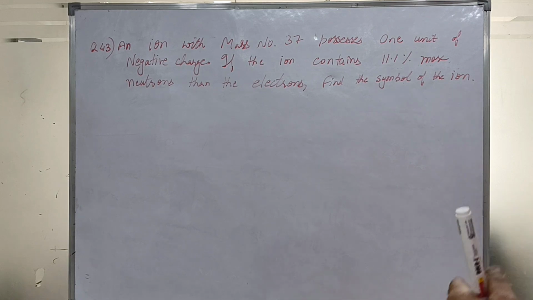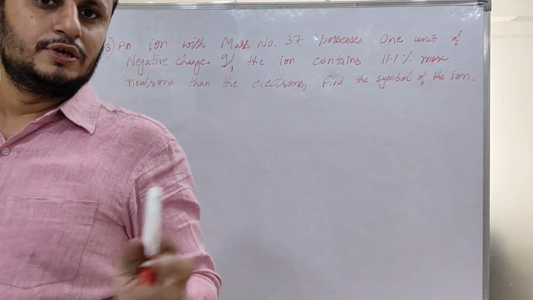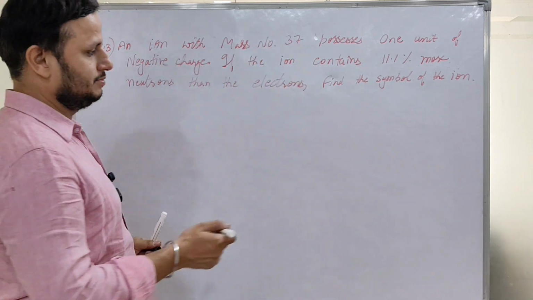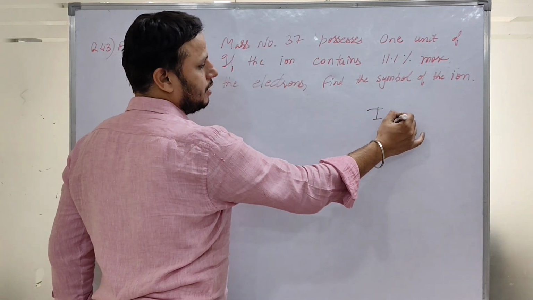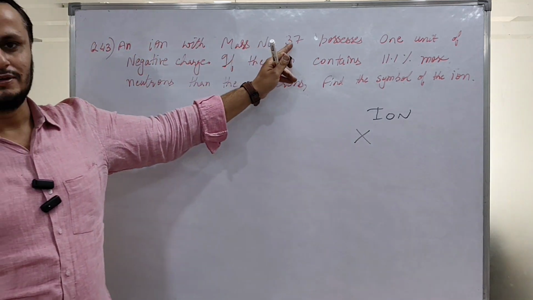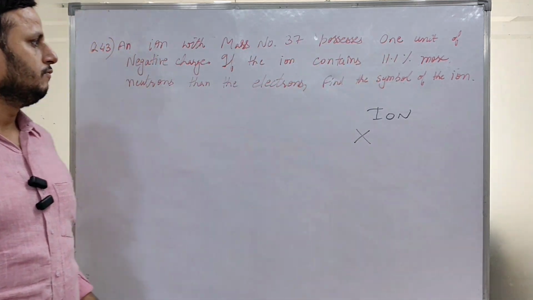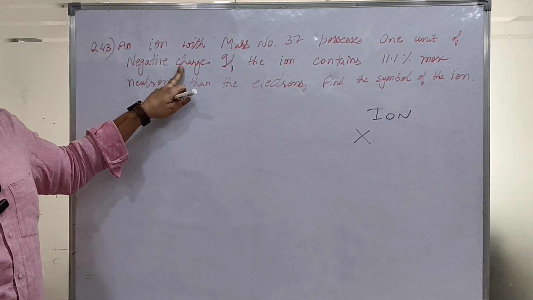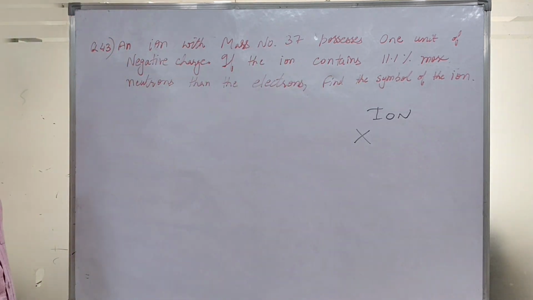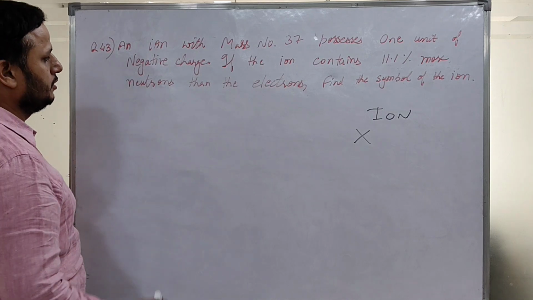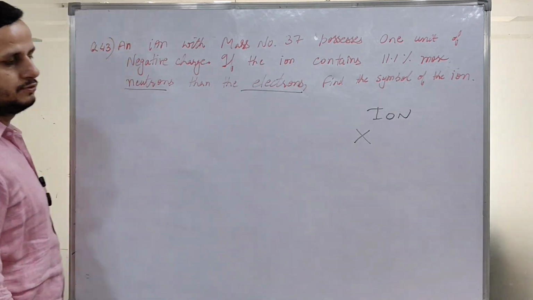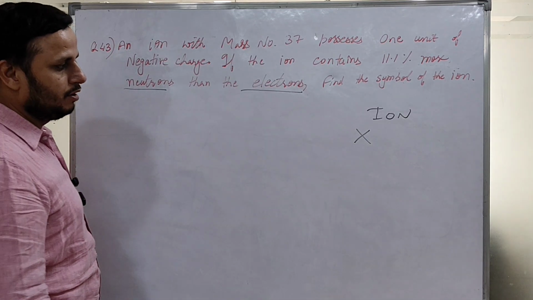So this is the NCERT question: an ion with mass number 37 possesses 1 unit of negative charge, and if ion contains 11.1% more neutrons than the electrons, find the symbol of the ion.